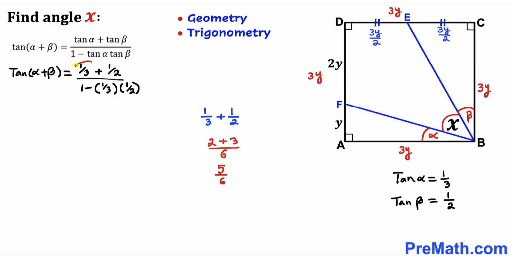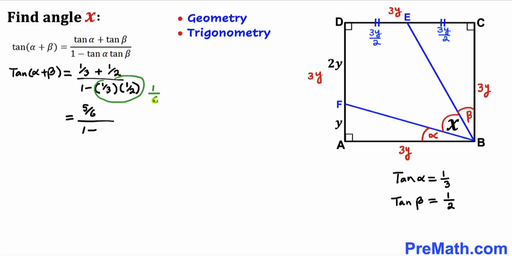Therefore I'm going to replace this by 5 divided by 6. In the denominator, 1 divided by 3 times 1 divided by 2 gives us 1 divided by 6, so I'm going to replace this by 1 divided by 6.